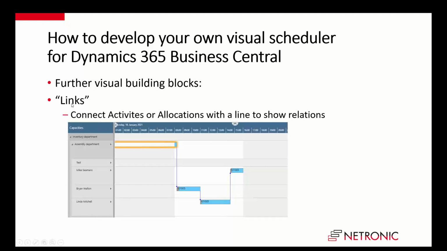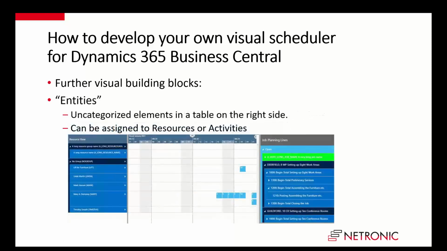Thanks. So what we see here are links. So we support a visual link so that you can show certain relations between activities or allocations. And we have so-called entities. This is an element on the right side, so we can add an additional table on the right side, which are not resources or activities, but more in general, and therefore we call these entities.